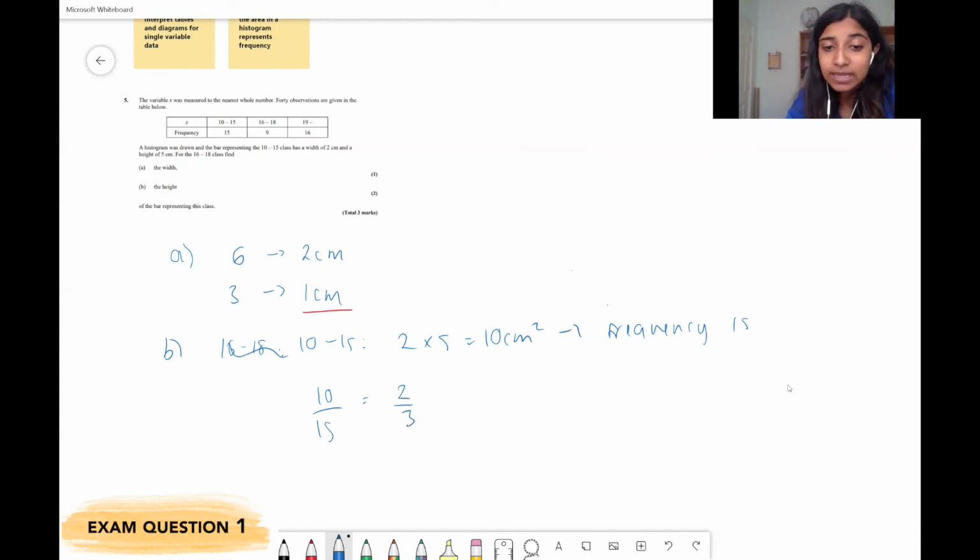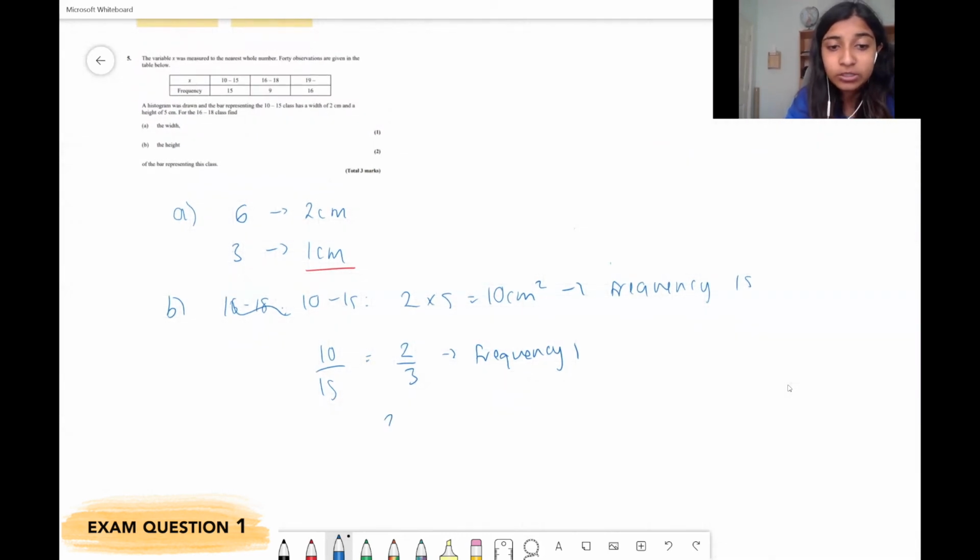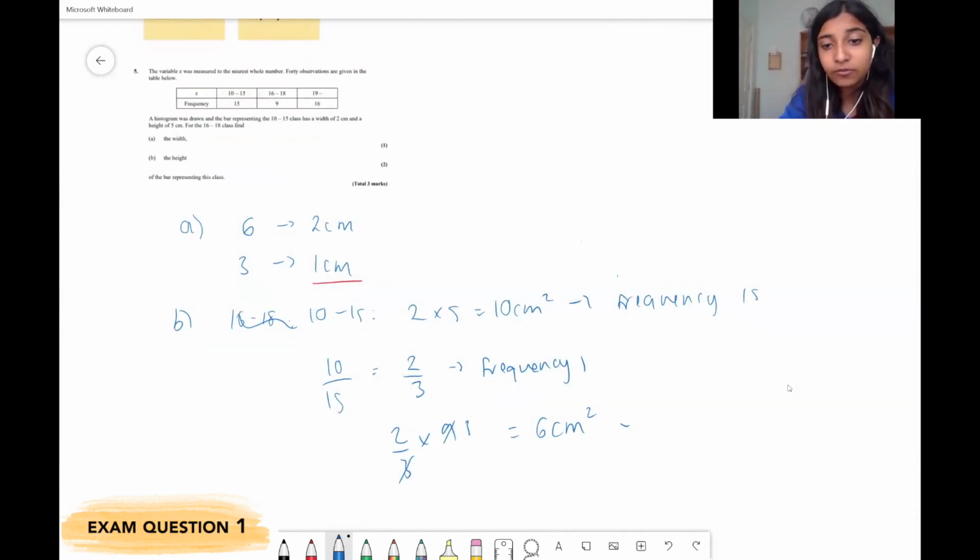That's the area for a frequency of 1. Therefore, to get a frequency of 9, we could do 2 over 3 times 9, so that will cancel out. We want 6 centimeters squared to represent a frequency of 9.